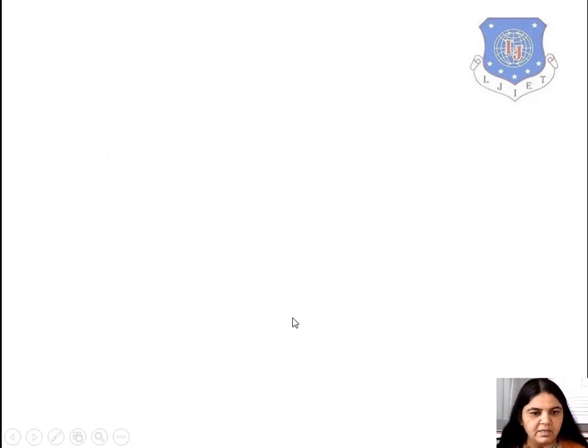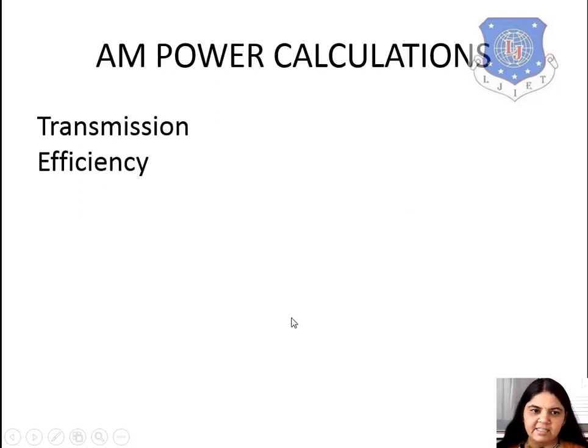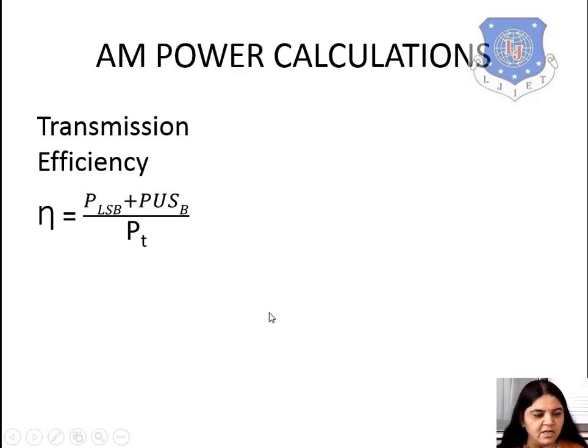Now the next thing is transmission efficiency. What is the transmission efficiency? It is the power required to transmit the information relative to the total transmitted power. As I said, the sidebands contain the information.